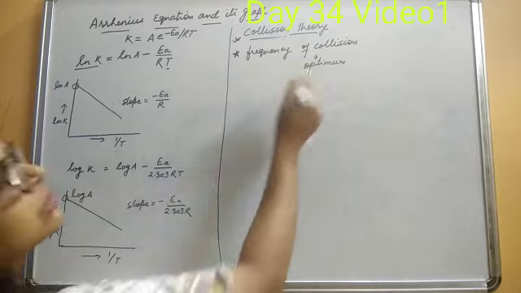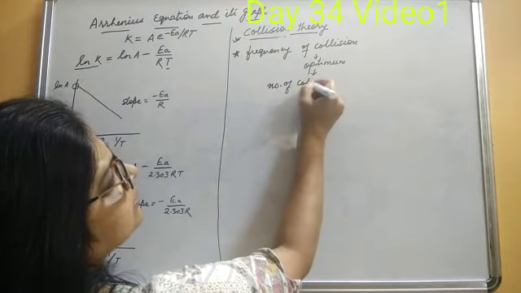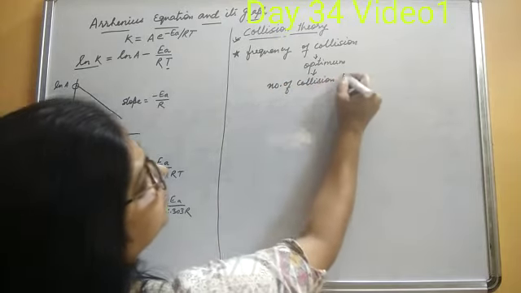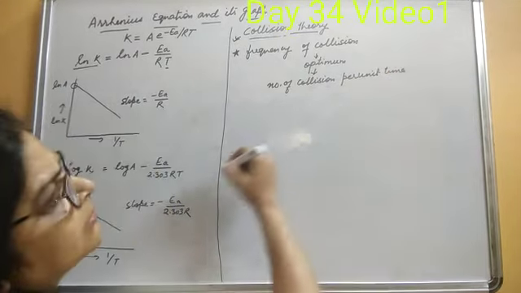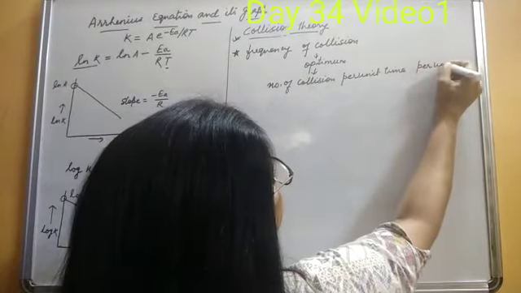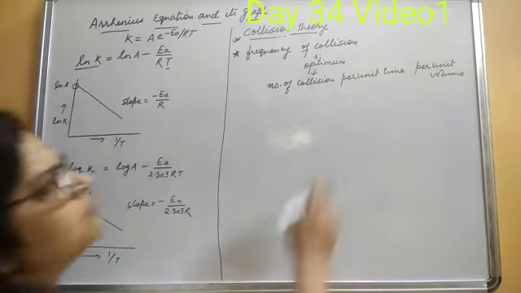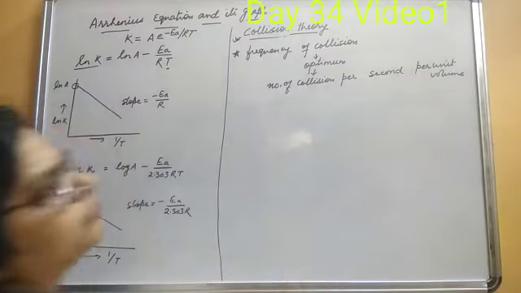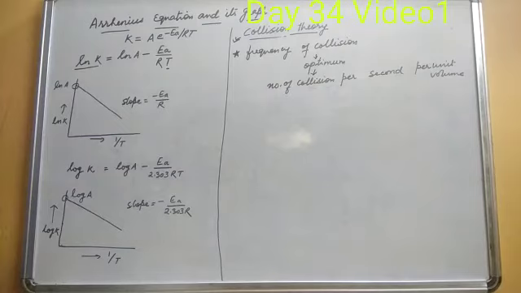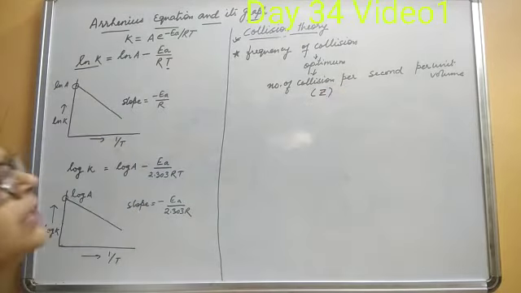The frequency of collision is the number of collisions per unit time, or per second, per unit volume. That is known as the frequency of collision, and in the equation for collision theory it is denoted by Z.